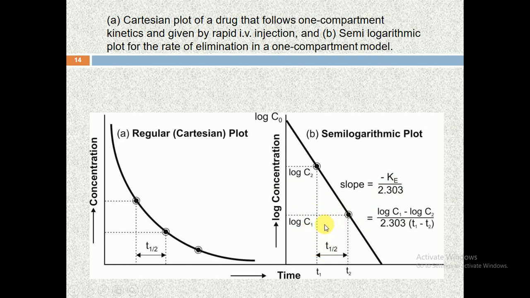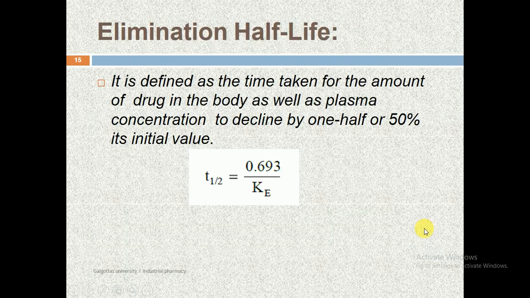In simple words, this is one compartment kinetics given by rapid injection, with the semi-logarithmic plot for the rate of elimination. So the slope is the difference between these two logs divided by 2.303 and T1 minus T2.